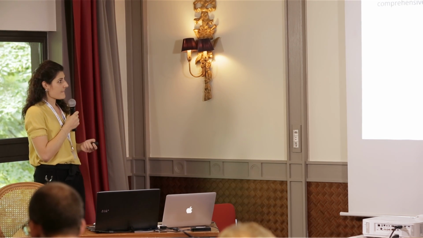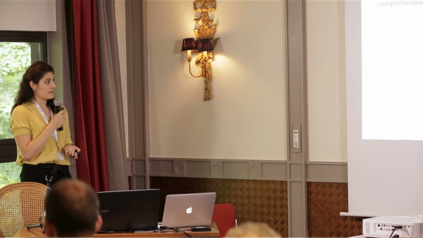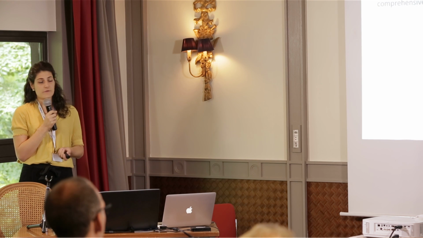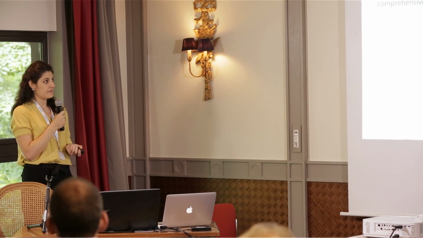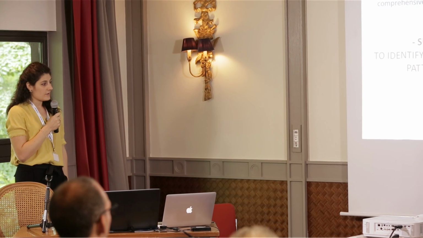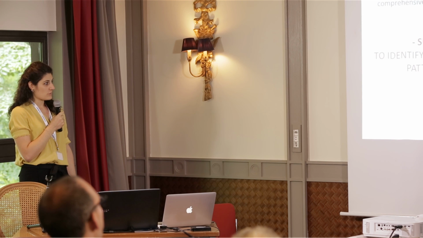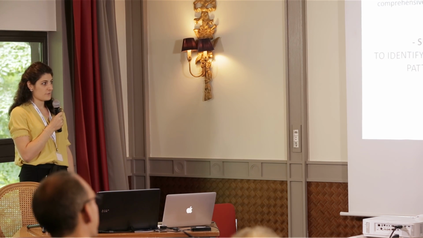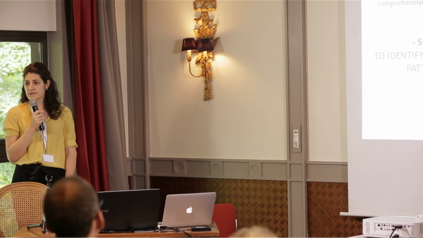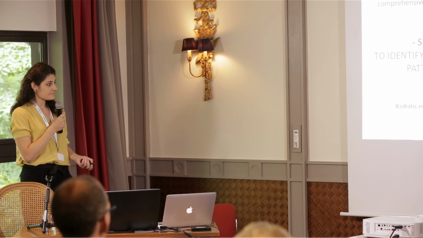Now, to provide an appropriate treatment for a spasticity pattern, a comprehensive assessment is necessary to determine the muscles involved. So we carried out a study with successive motor nerve blocks in order to identify the role of each muscle in a spasticity pattern. We chose the example of arm flexion.